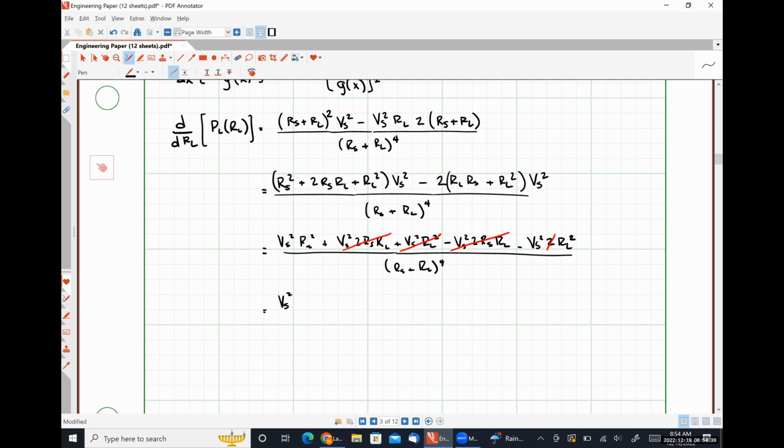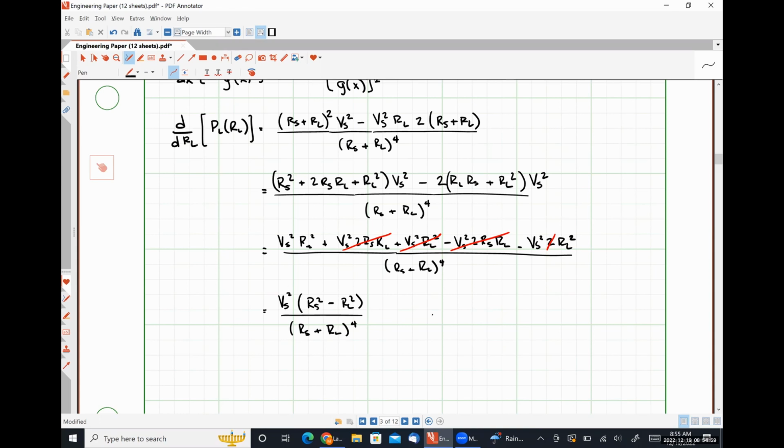I have a common factor of VS squared that I'm going to take out here. I have an RS squared minus an RL squared over RS plus RL to the fourth power.